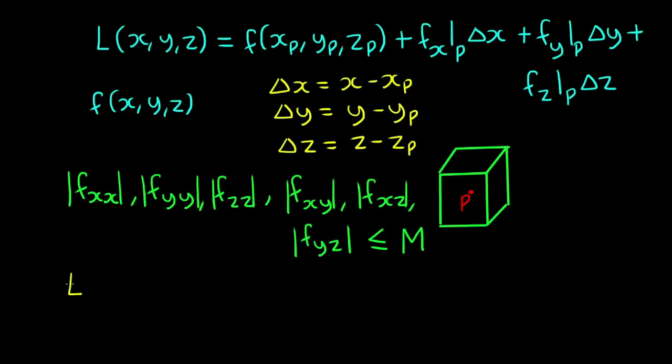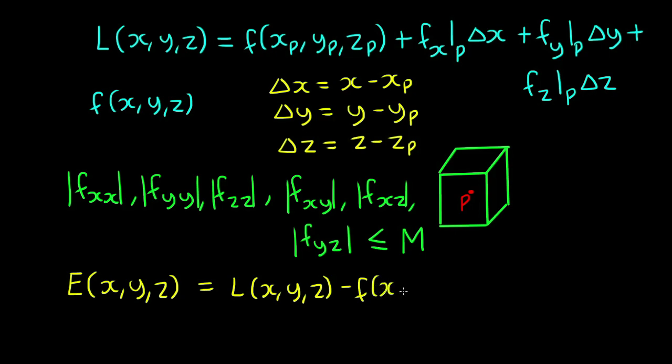then the error in our approximation, which will be a function of three variables, being equal to the linearization of the function minus the exact value at x, y, and z, and we take the absolute value, is bounded throughout this rectangle by a similar inequality to the two variable case.